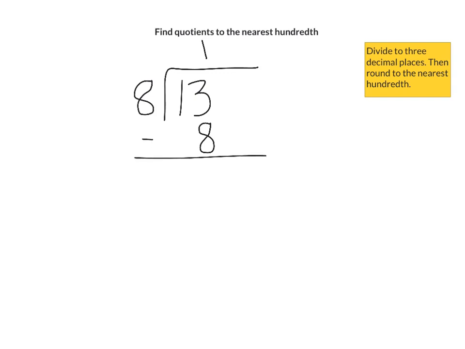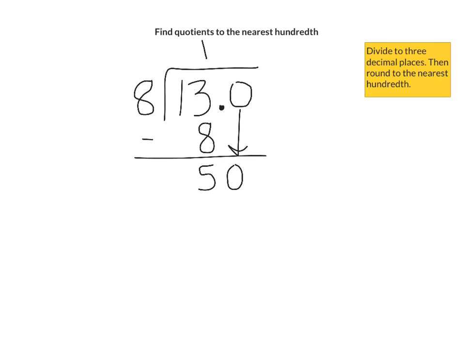We subtract, and we're left with 5 ones, which we're going to regroup. And since we're regrouping to make it 50 tenths, we're going to add in our decimal point so that we remember. And then bring down our 0 so that we have 50 tenths.